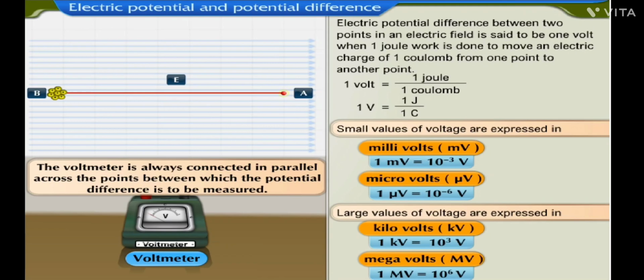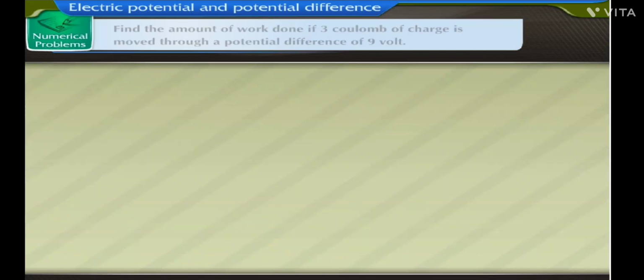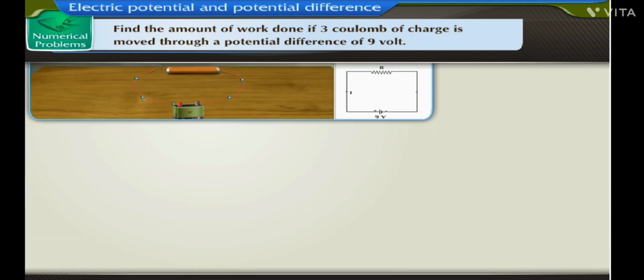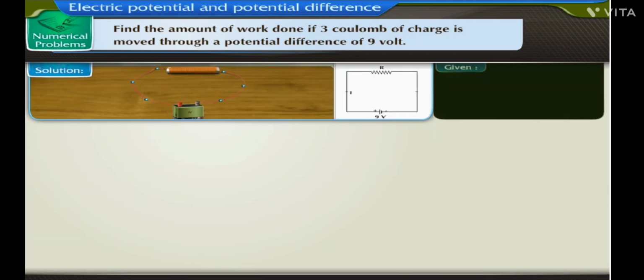Now, let us solve a numerical based on potential difference. Numerical problem. Find the amount of work done if 3 coulomb of charge is moved through a potential difference of 9 volt. Solution. Let us first write the given data. Charge Q is equal to 3 coulomb. Potential difference PD equal to 9 volt.